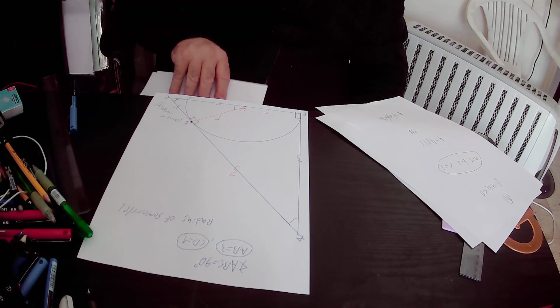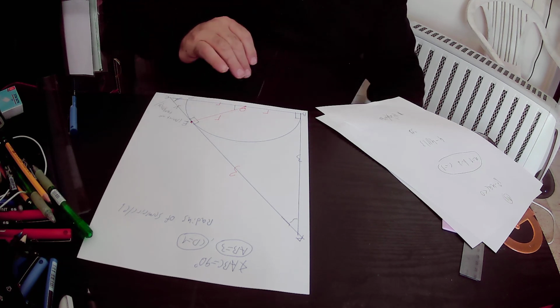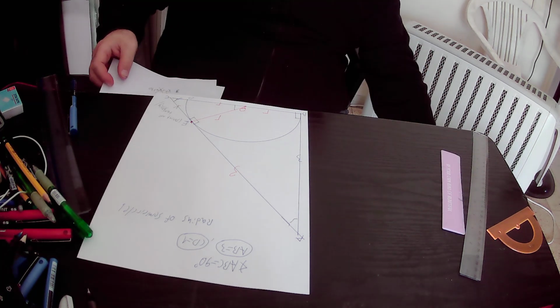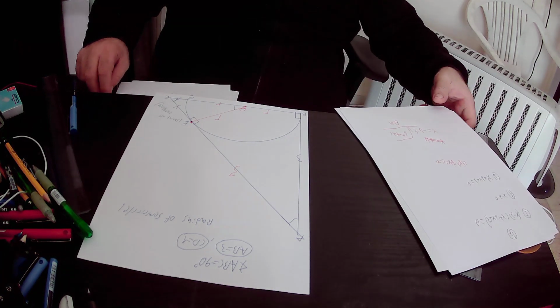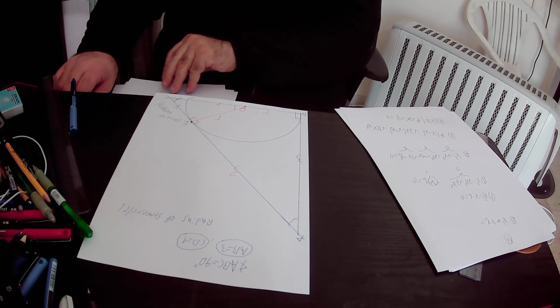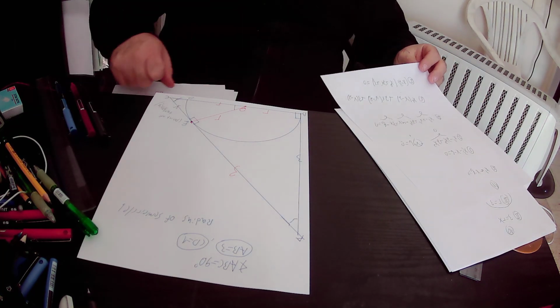Actually, we wanted to find out the radius of this semicircle. We have triangle ABC that is a right triangle. Angle ABC equals 90 degrees.